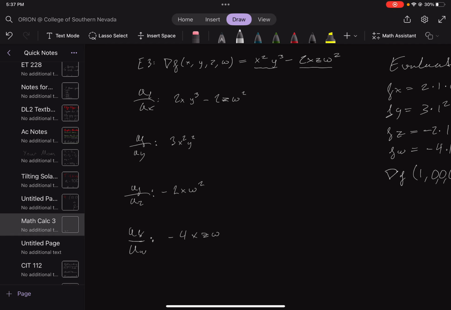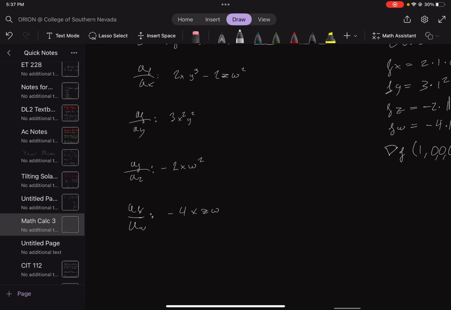What we did was we found the separate gradients, the f sub numbers, or the partials. So we've got the x partial, the y partial, the z partial, and the w partial, because this is a 4-variable function. So that's what we found for all of our partials.